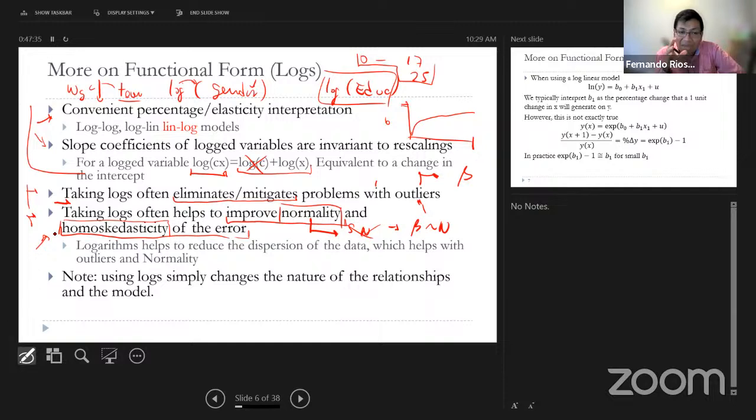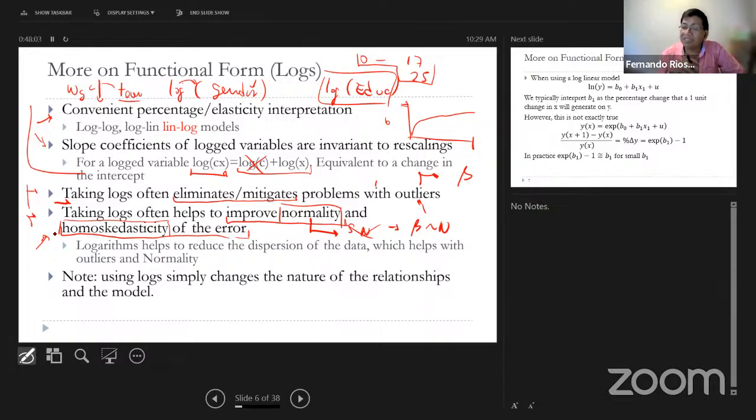So applying logs compresses the data. The information is still there. But by compressing the data, we are losing some of the variation that is perhaps important that is on the extremes of the data. However, most of the time we're not as interested in what's going on at the extremes. We're more interested in what's going on at the middle of the distribution.